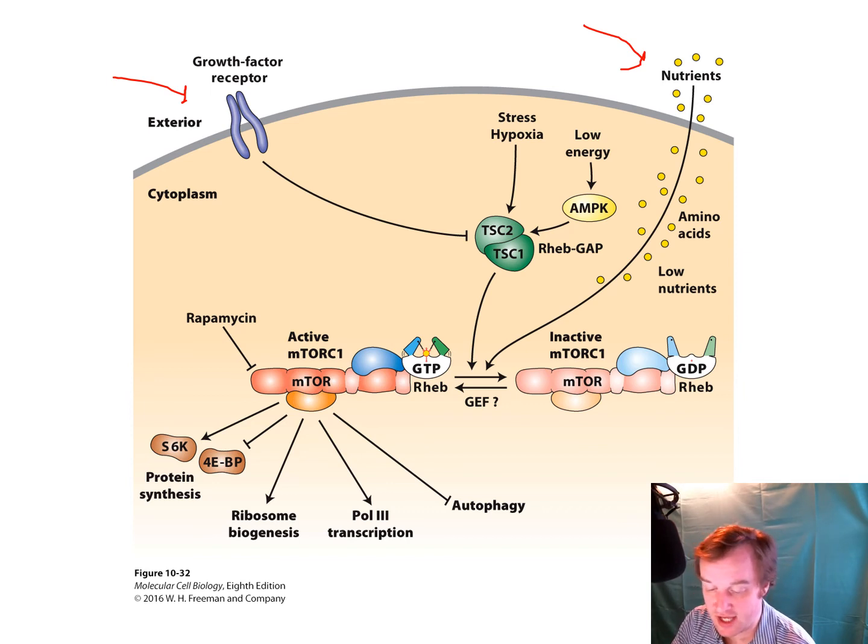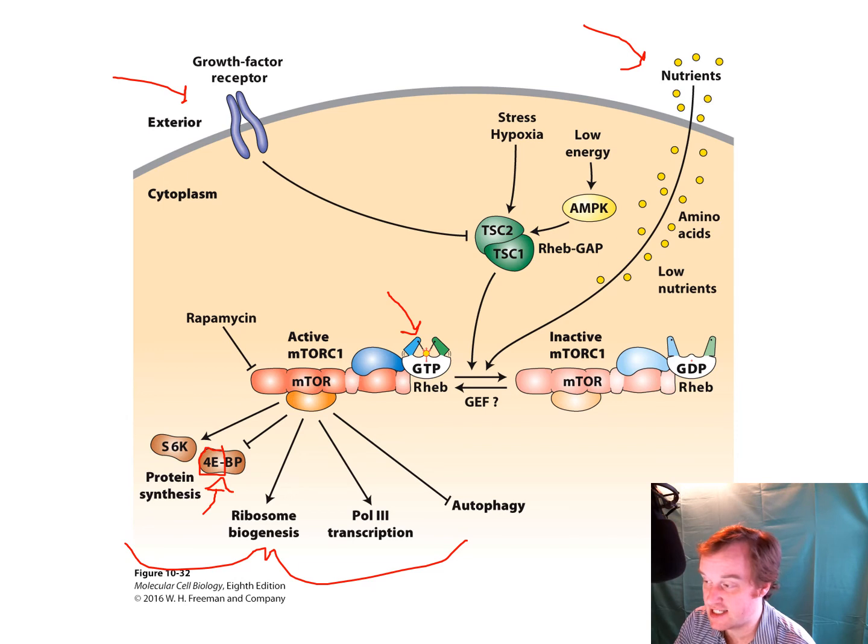And so when we have an active TOR, so we're going to focus on the left-hand side here first, there's an Rheb-GTP complex that is activated. And this increases the rate of protein synthesis. So it phosphorylates this inactive 4E-BP complex, which releases the 4E component.